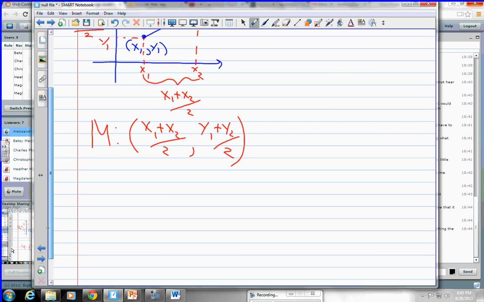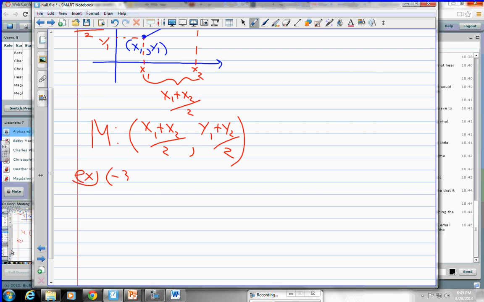If I grab any pair of those points that we just played with, -3, 8 and 3, 4, and I ask you where the midpoint in between is, all I have to do is average the x's, so -3 plus 3 over 2, and average the y's, 8 plus 4 over 2.